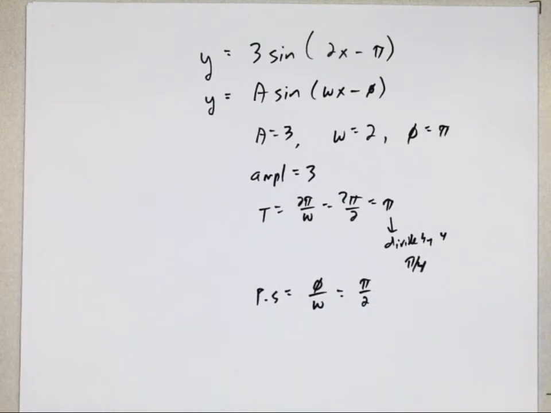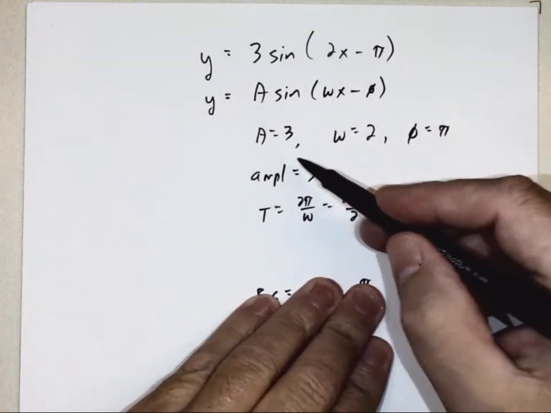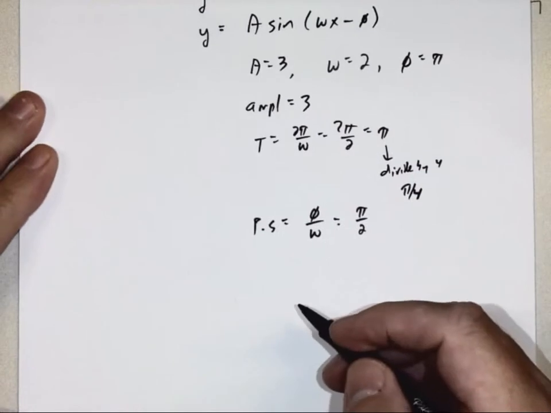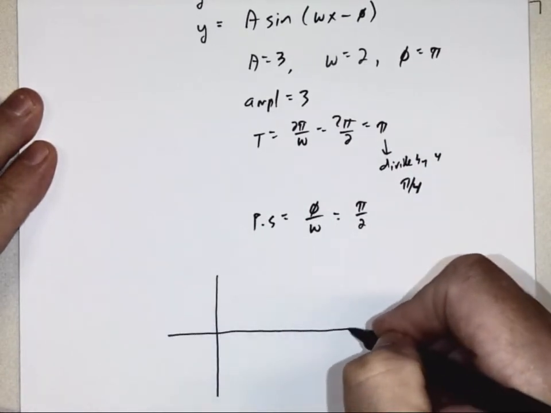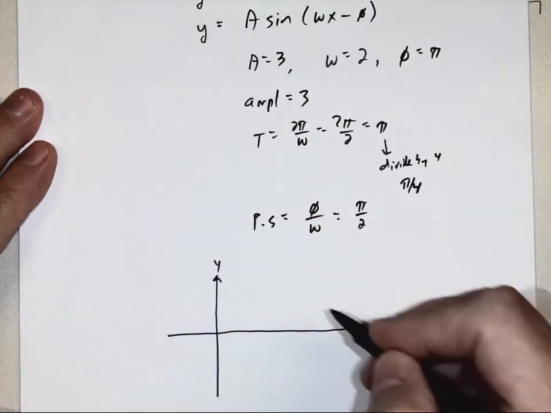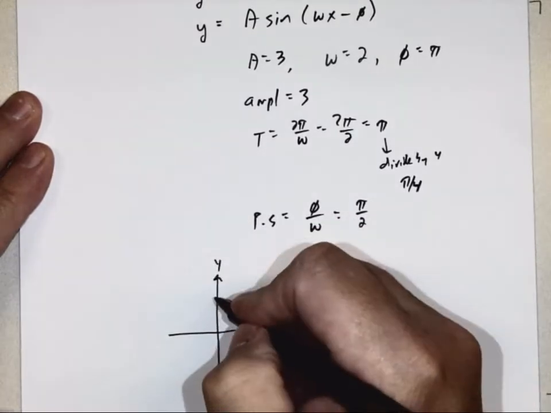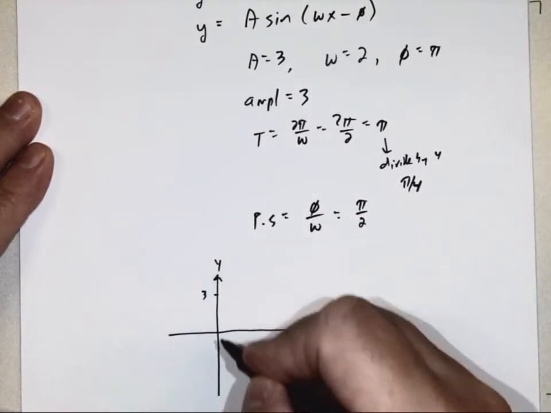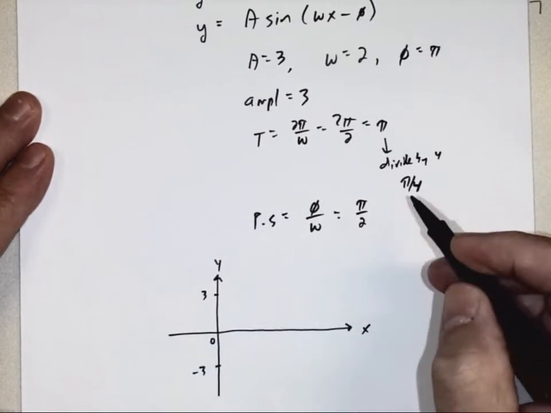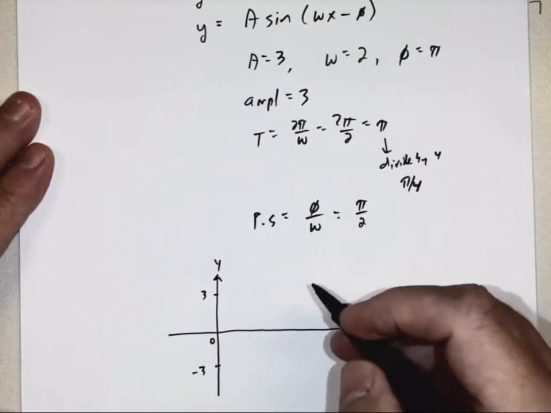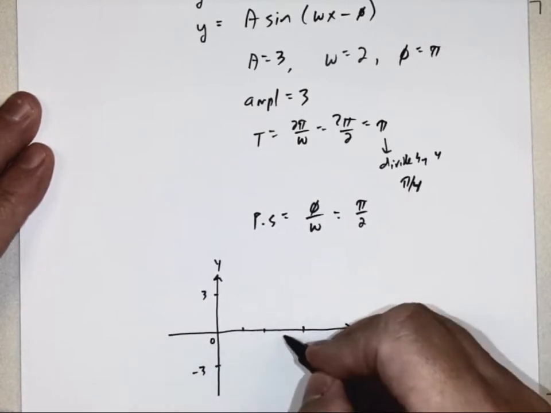What I'm going to do is initially ignore the phase shift, and draw the graph based upon the amplitude and the period. Amplitude is 3, so I'll mark 3 here, negative 3. Period is pi. Now I divide this up into 4 equal parts.